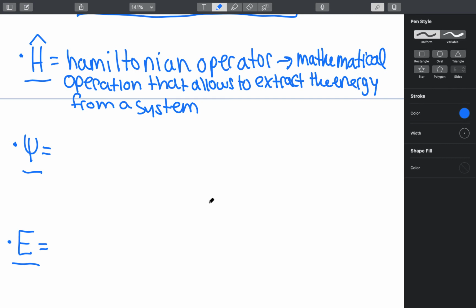The next bit of information that you should know about and that you should have an understanding of are wave functions. So this is the symbol for a wave function, and this is something that you should know.